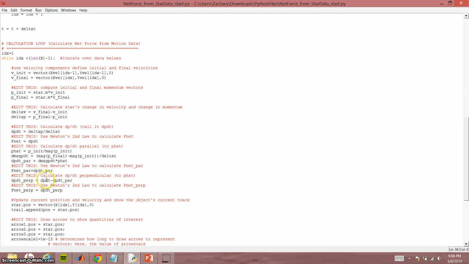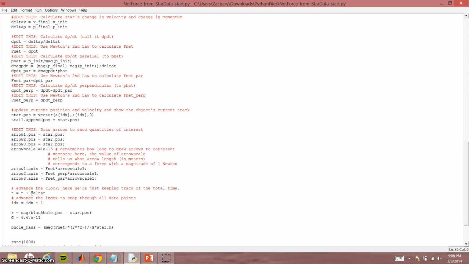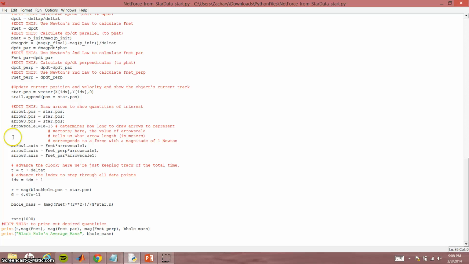Perpendicular is just total momentum minus parallel momentum, and then we can set that equal to Fnet perpendicular. Here's just some more visual things about setting up the arrows that'll show you the direction of Fnet, Fnet perpendicular, and Fnet parallel. And then down here we have a little bit of code that finds the mass of the black hole, which we can look at once we run it.